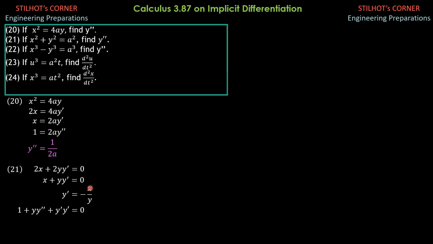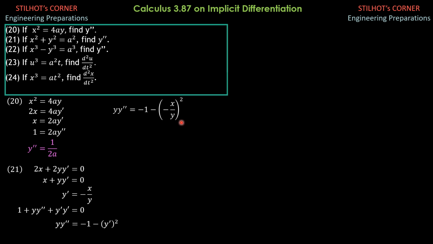And y prime is, remember, equal to this. So y y double prime equals negative 1 minus y prime squared. Substituting the value of y prime, negative x over y, y y double prime equals negative 1 minus the quantity negative x over y, squared. So this is x squared over y squared.